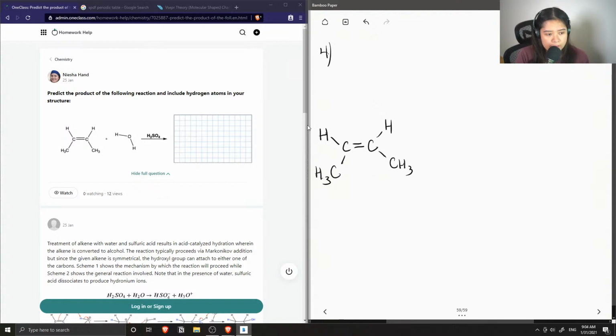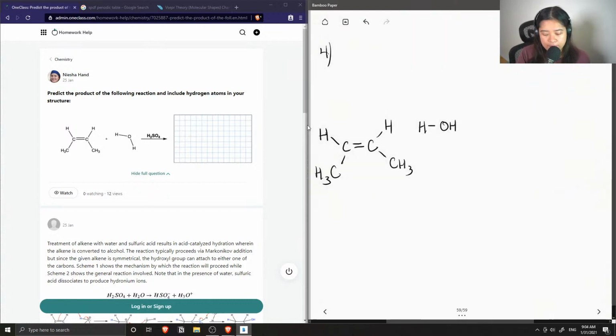So we have an alkene. So this is a butene. And it reacts with water. So I'm just going to draw water like this so we can easily show the mechanism.